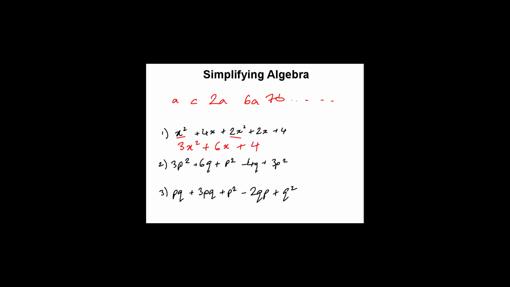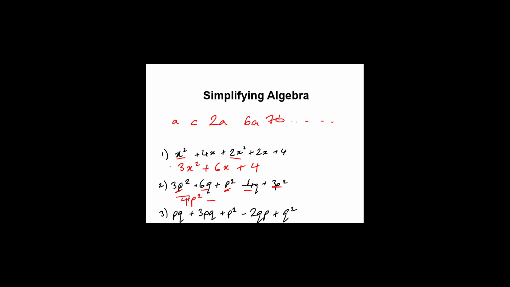3p squared plus 6q plus p squared minus 4q. Let's put the p squared together. 3p squared plus a p squared, that's 4p squared. The q here, 6q minus 4q. I missed out this 3p squared as well. So let's add another 3, that should be a 7. You see how easy it is to make a mistake?